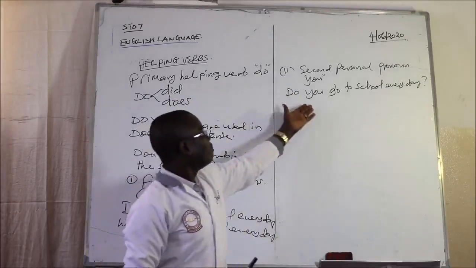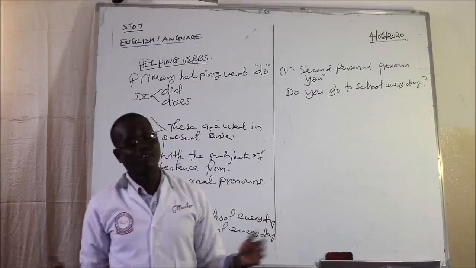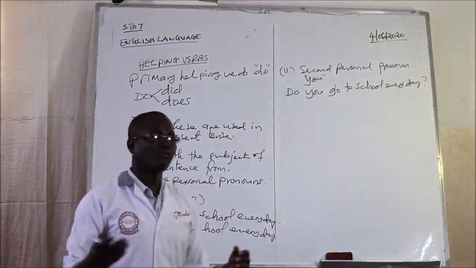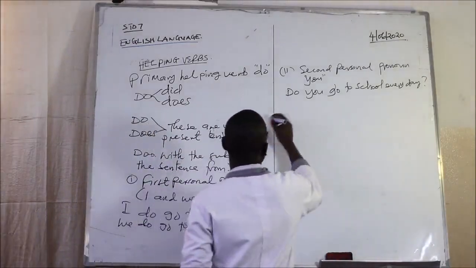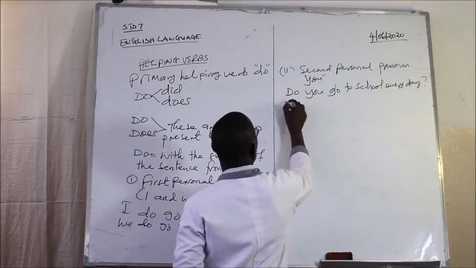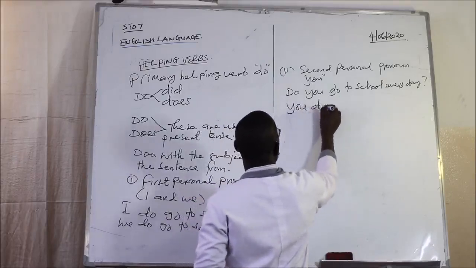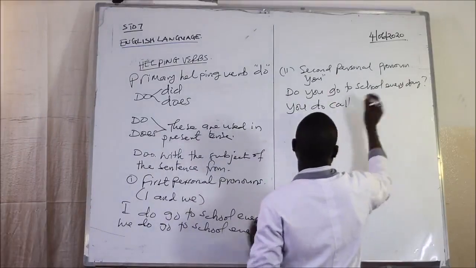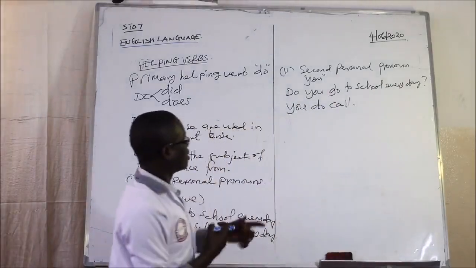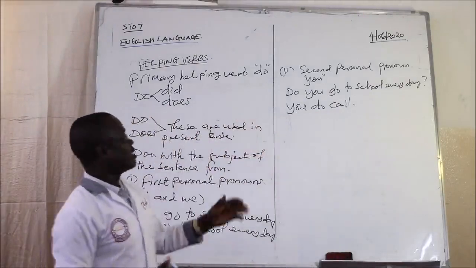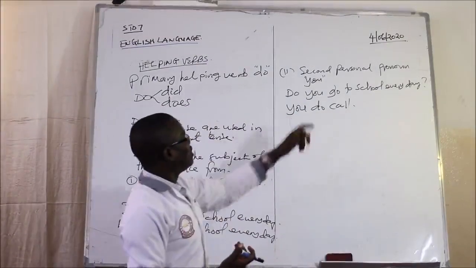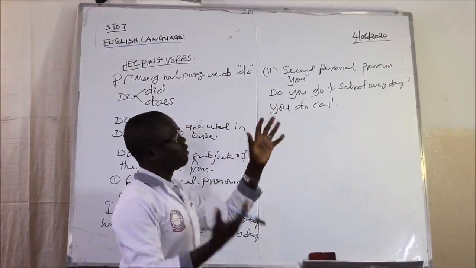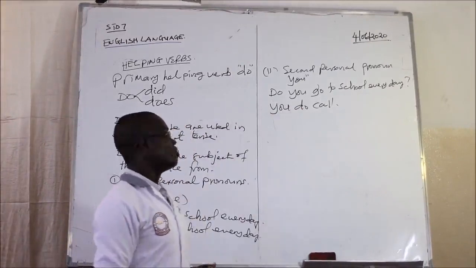An affirmative sentence is a sentence which gives information, a sentence in a statement form. Then you can simply say, you do call me. Yes, that is a full sentence and complete. You here is used with do, and this is what I was trying to tell you, that we are using it depending on the subject. Our subject here is you.